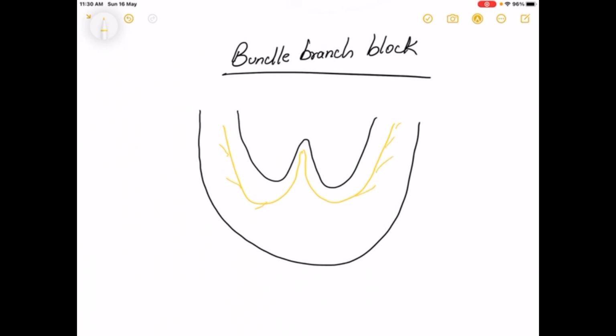The left side is activated by the left bundle and the right side is activated by the right bundle. In case of bundle branch block, say for example there is a block in the left bundle, only the right is active. So the right bundle activates the right side of the ventricle, following which the right side will activate the left side of the ventricle, since the left bundle is blocked.